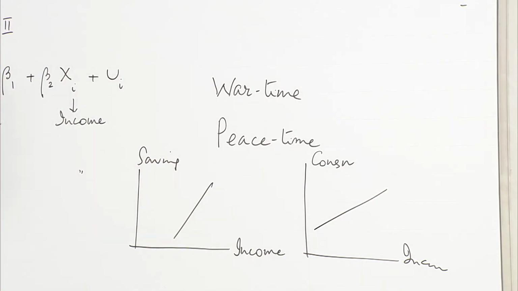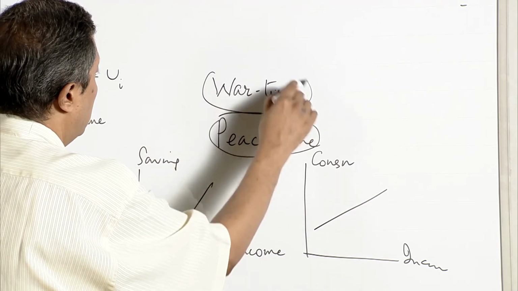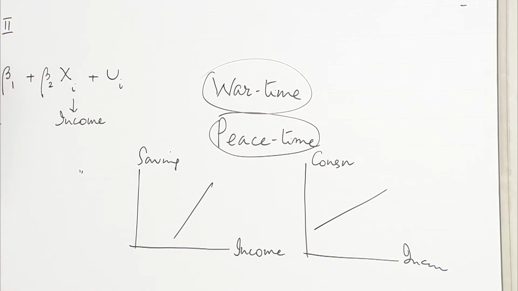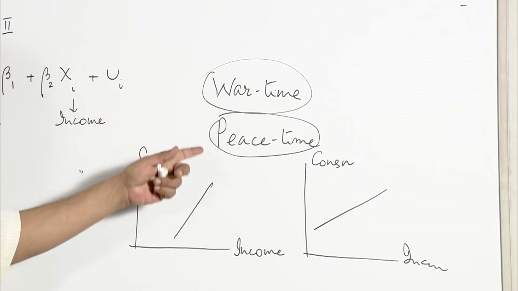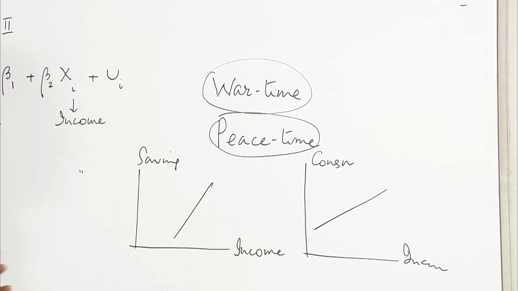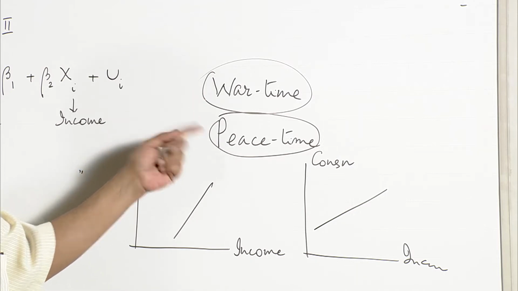These lines might be affected depending on whether it is peacetime or wartime. So, how do we incorporate these qualitative variables? The political regime is a qualitative variable because it is either war or peace.